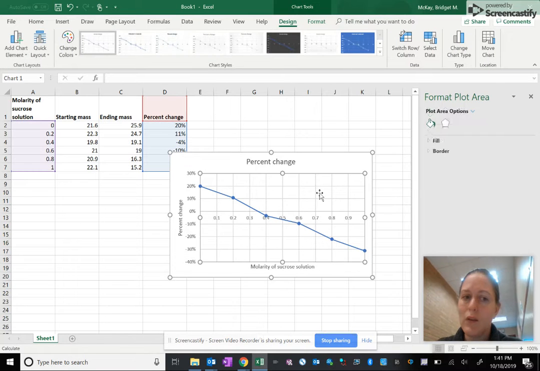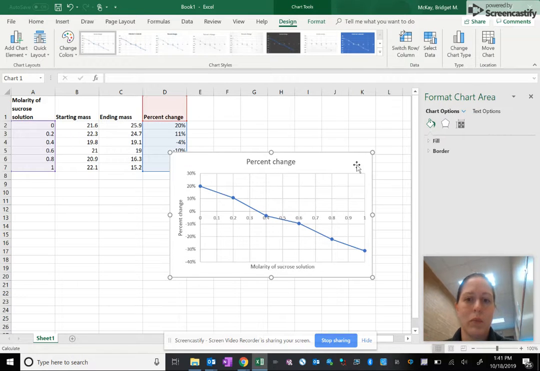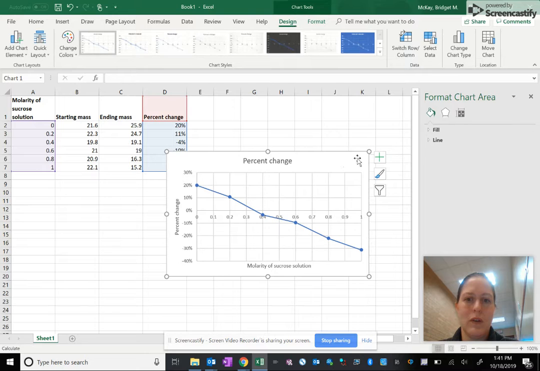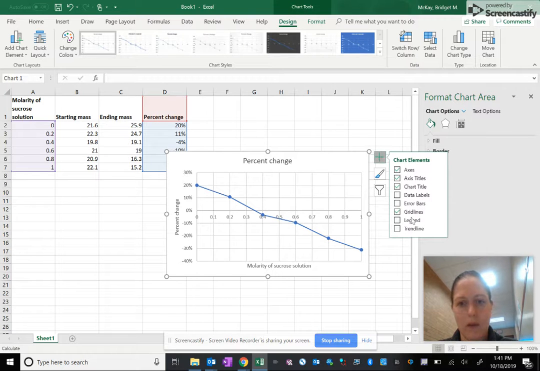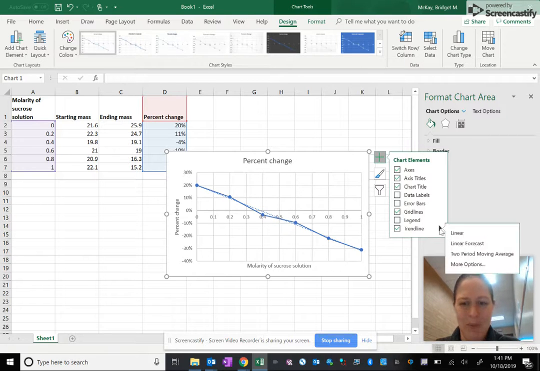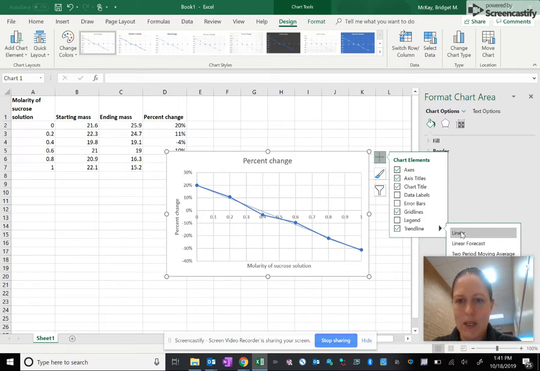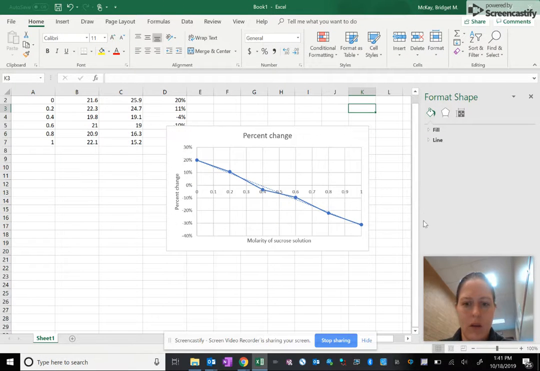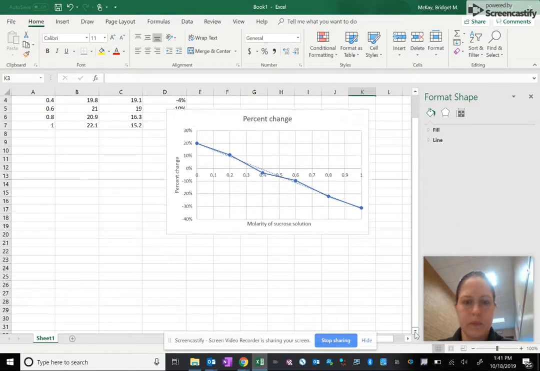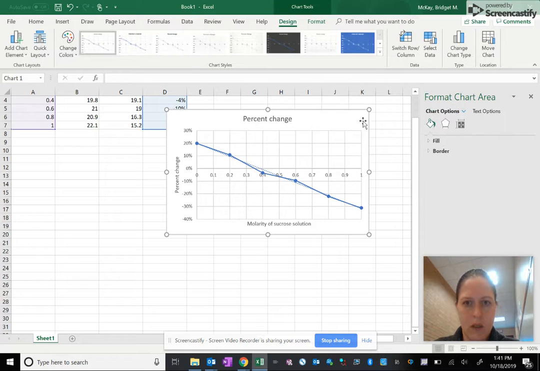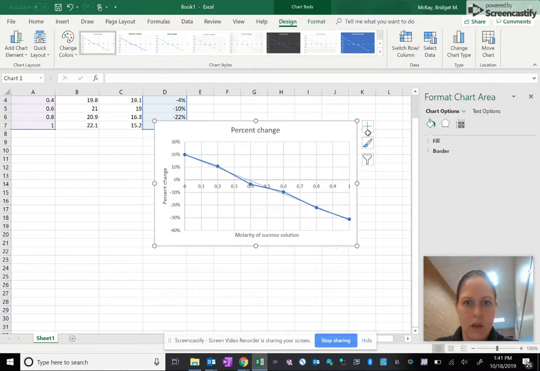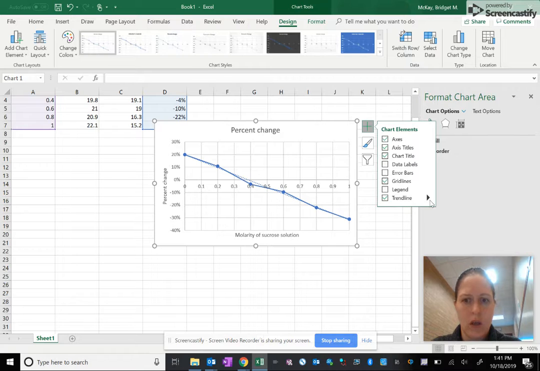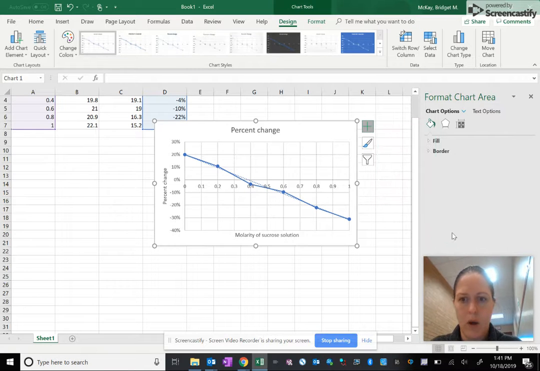If you're trying to be a little bit extra, you can go back up to the plus. Sometimes it disappears. If you wiggle your graph, it comes back. Plus, I'm going to add a trend line. I'm going to click over here on the carrot on the side, not my baby carrot. Plus, trend line, more options.